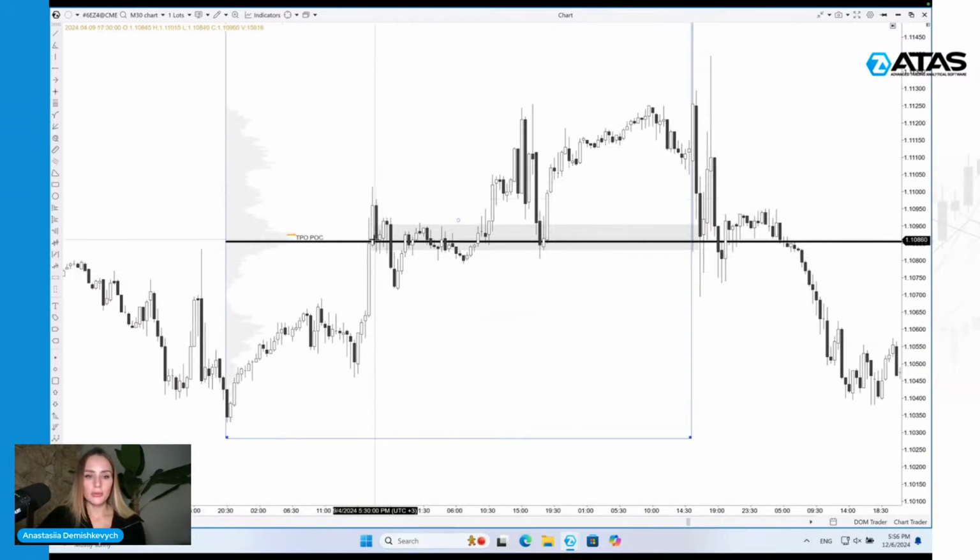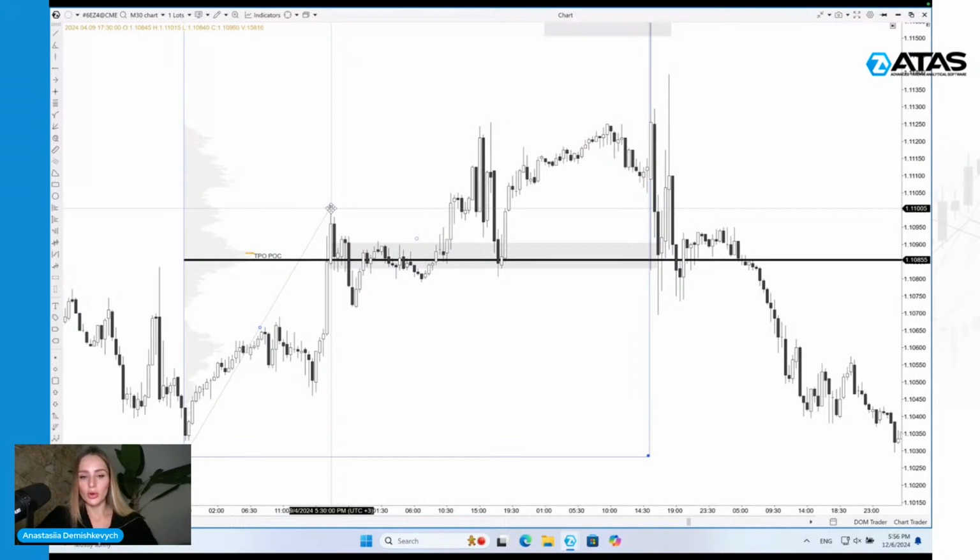What I want to see is the high volume node in the direction of the trend. So the price was going up, and then it was accumulating here, the high volume node. We can see it on our volume profile.